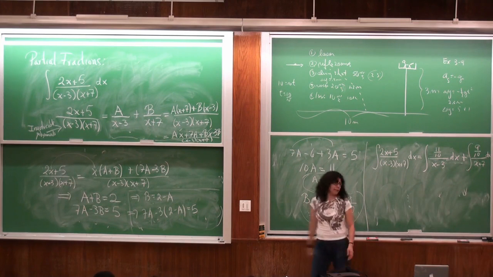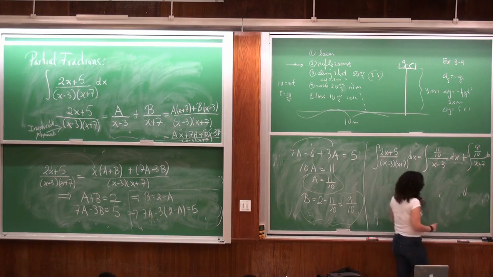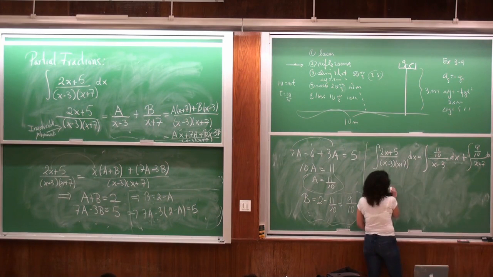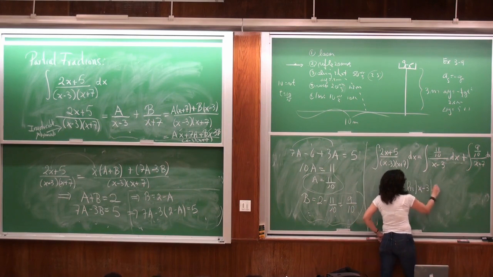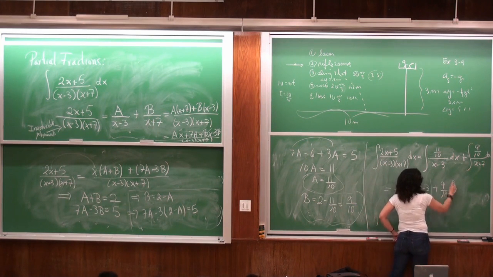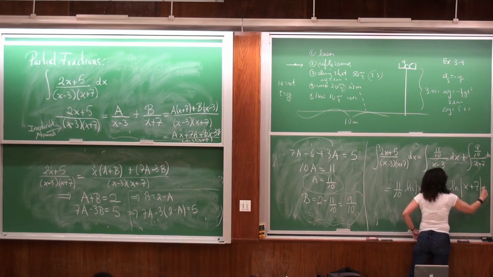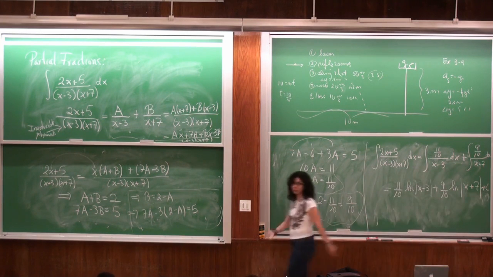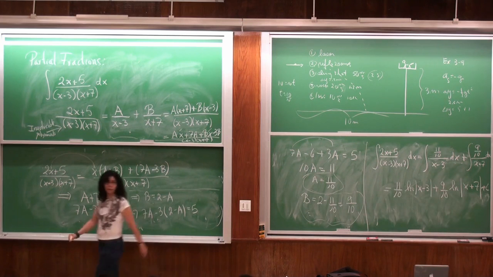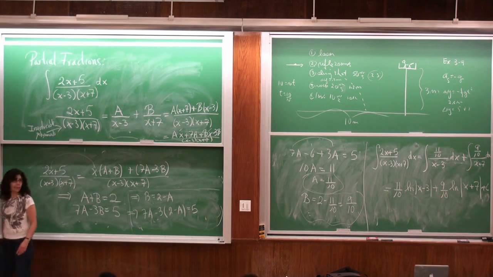And these are very nice and easy integrals because this is equal to what? The first integral is equal to 11 tenths ln of x minus 3 plus 9 tenths ln of x plus 7 plus C. Nice and easy. Right?